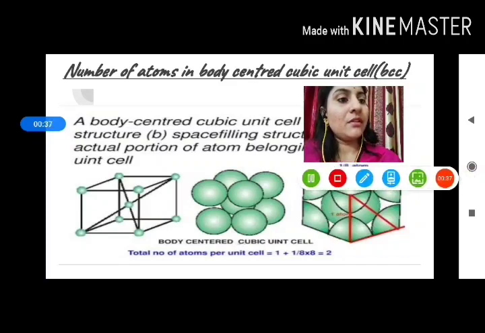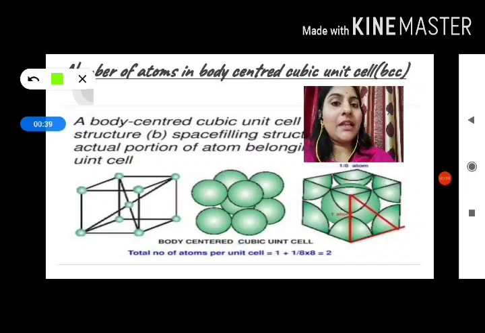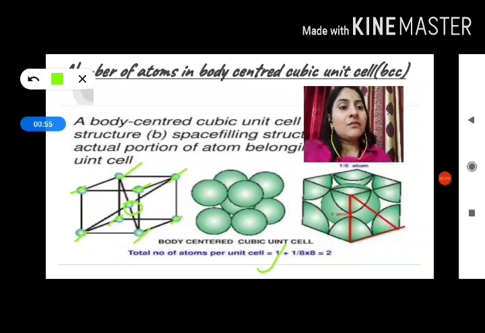The particle present inside the body, its contribution for this unit cell would be 1, and the 8 corner atoms would be 8 into 1/8. So the total number of the atoms for the BCC type of the unit cell would be 2.